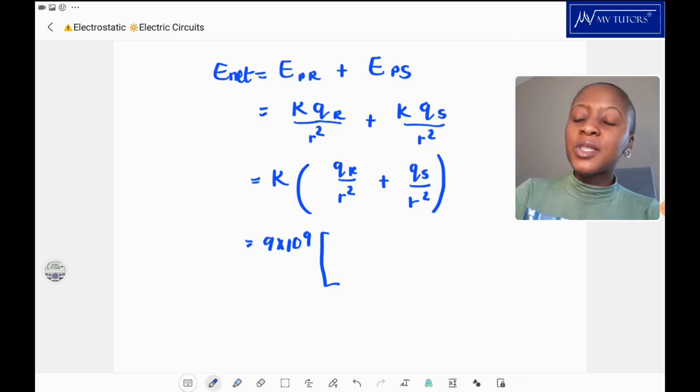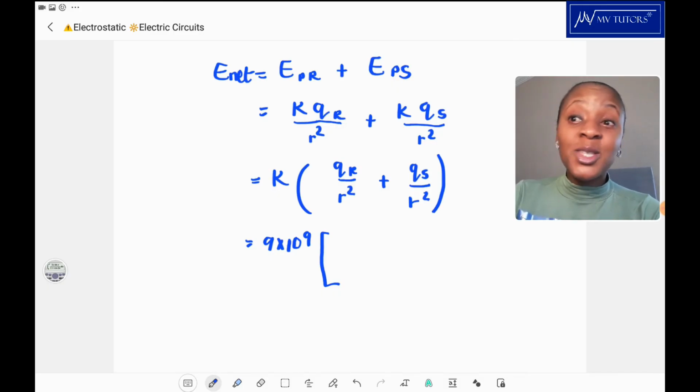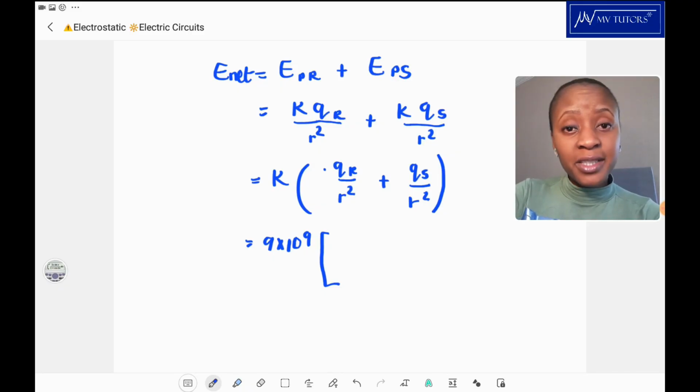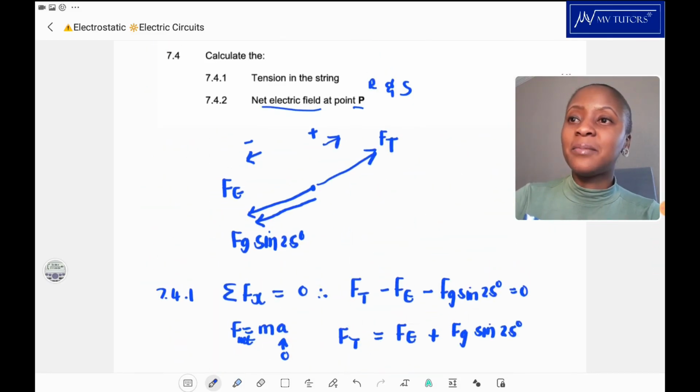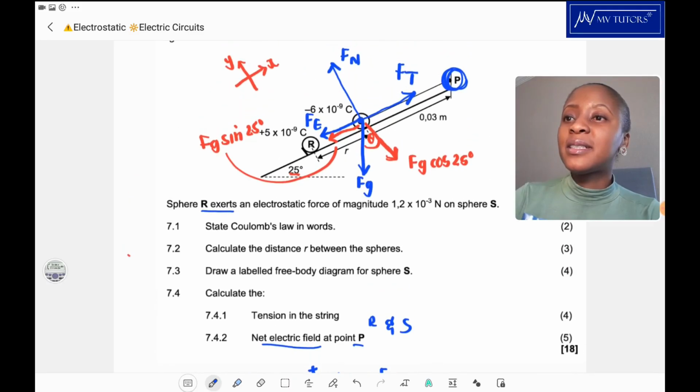Now what is the charge due to R? On this question, if you have a negative charge, you need to put that it's negative, so this is where you need to consider the sign. R is positive 5 and S is negative 6.